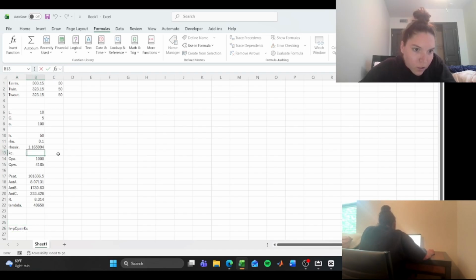So then if we're trying to solve for mass transfer coefficient, it's going to be equal to the heat transfer coefficient divided by the density, which is, I'll put in parentheses, rho air, times the heat capacity of air.